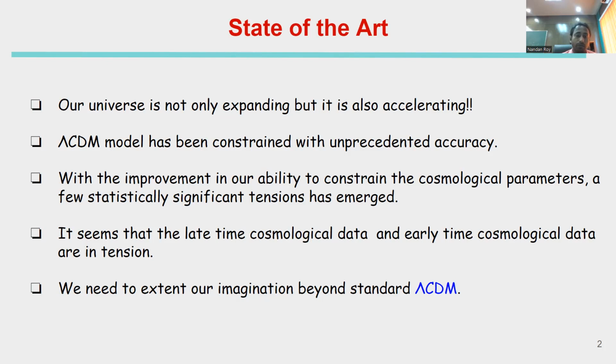From the theoretical point of view, it suffers from the famous cosmological constant problem, the cosmic coincidence problem, and also some other problems. But very recently, there is a mismatch in the measurement of cosmological parameters from late time data and early time data, which puts the cosmological constant in another challenge.